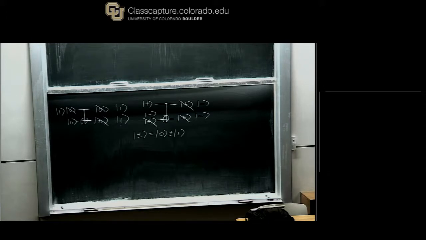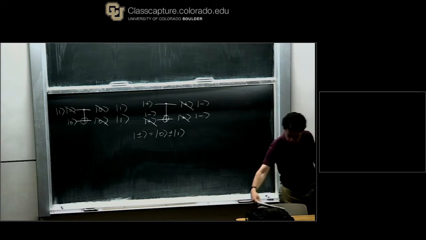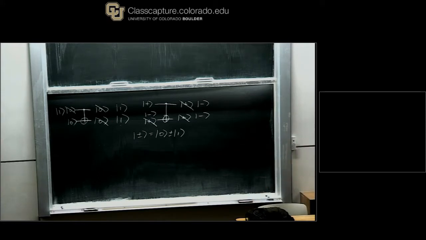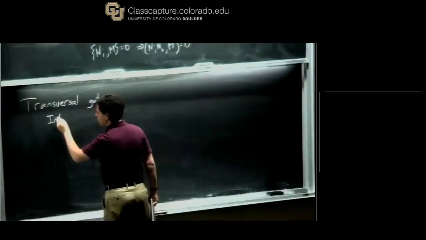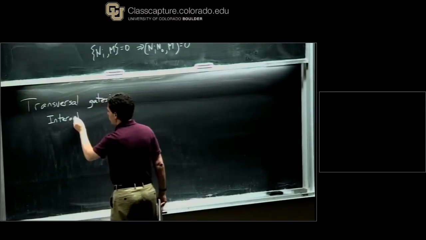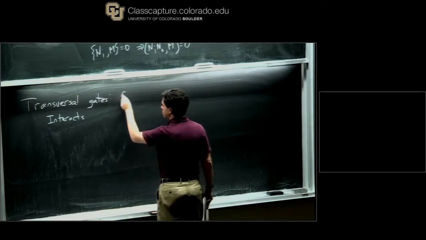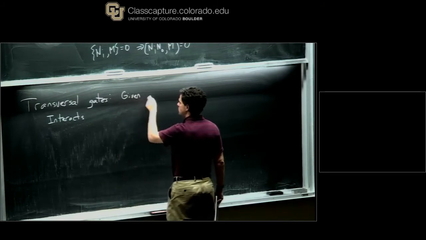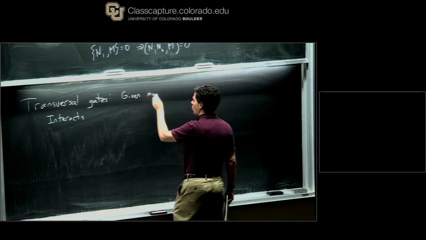So in order to deal with that, we want to use what's called transversal gates. So a transversal gate interacts... So we might have multiple code blocks, one or more.